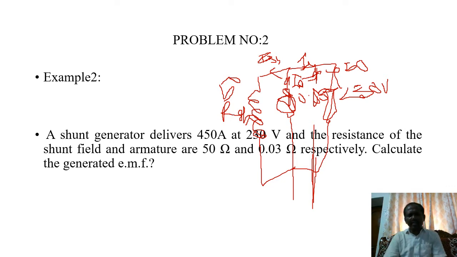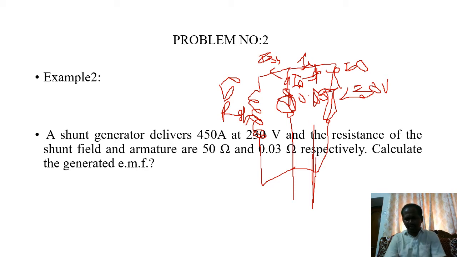Calculate the generated EMF. We know the equation for the generated EMF, and we can substitute all these values. V is equal to Eg minus IaRa.